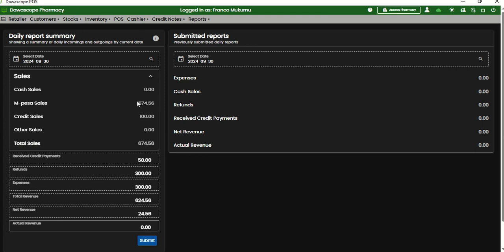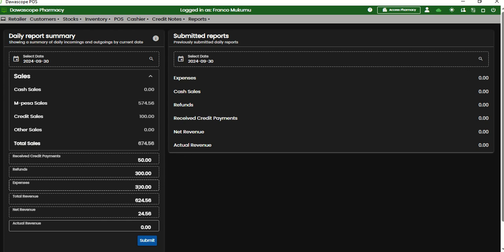You can see that this day we have sales of 574 cash, and there was a credit of 100. There was a refund of 300. A payment was received of 50 shillings.